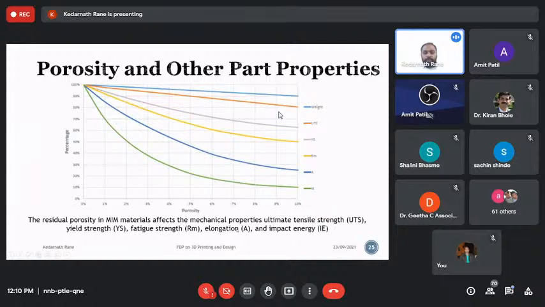Here you can see the elongation, which is important for some applications. If you increase the porosity from 0% to 10%, the elongation reduces significantly. It is almost reduced by 30%. Like it is only 30% when you have 10% of porosity. The same is applicable for impact strength.